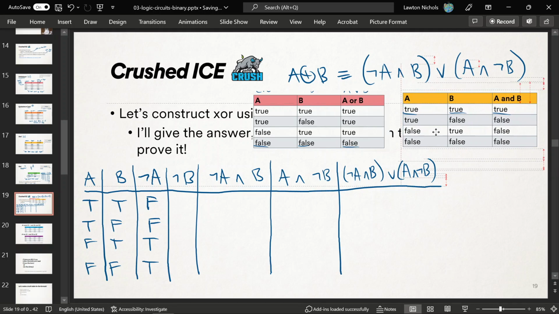Prove that it is true that this long thing is equivalent to exclusive OR. Okay? So do you all know what we need to do now? It's a bit of symbol pushing, but I'll only make you do it just this once. It's a very good thing to learn the symbols that we just learned with. Okay? So take a few minutes, help each other, and fill out the rest of this table, please.